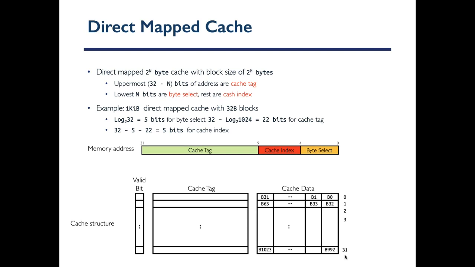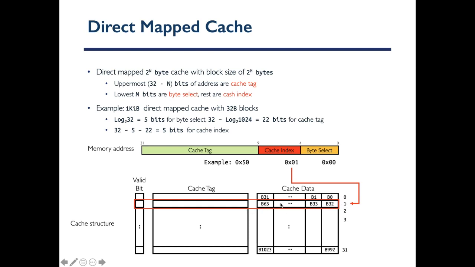For each one of them, I'm going to use a cache tag. So the cache tag will come from my address. Let's look at this example. Let's say the byte select is 0. Let's say the cache index is 1. And let's say the cache tag is 50. The first thing I do, I'll use the cache index to index into my table. Next, when do I know that this is a hit?